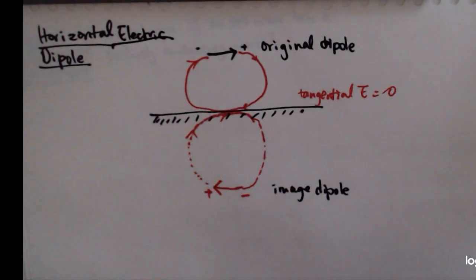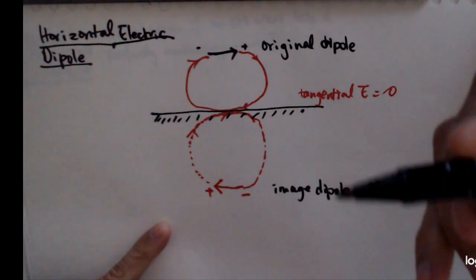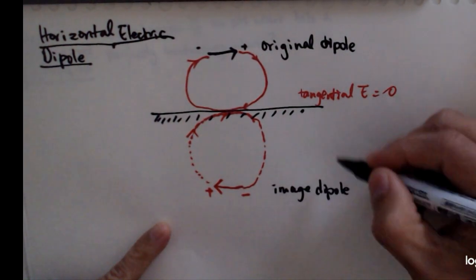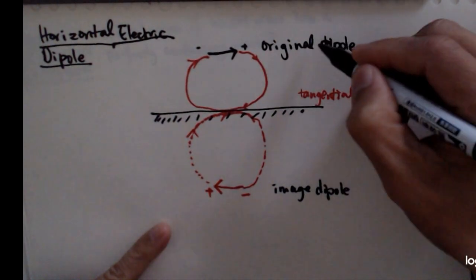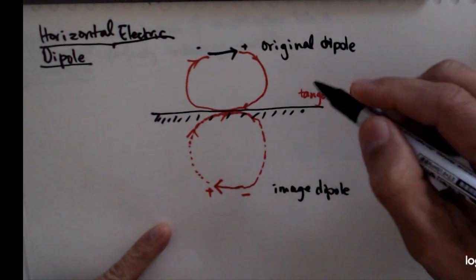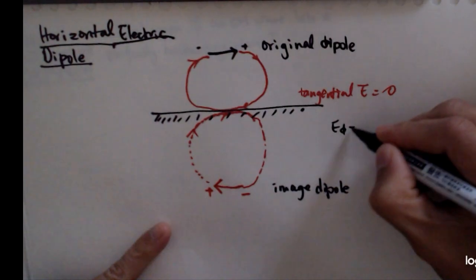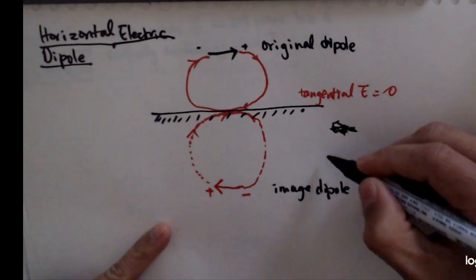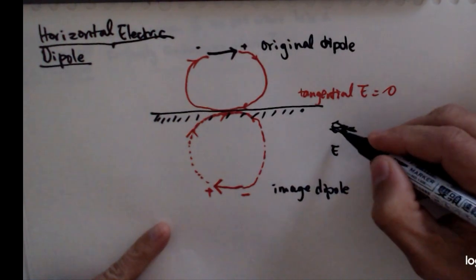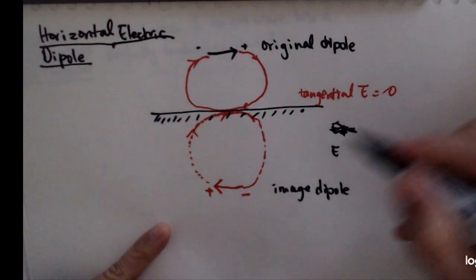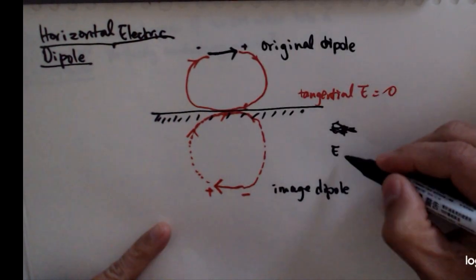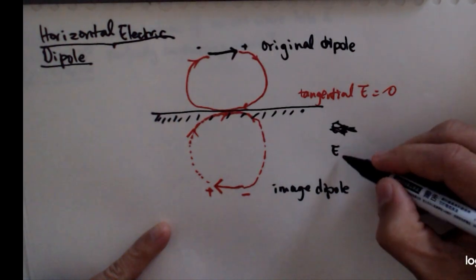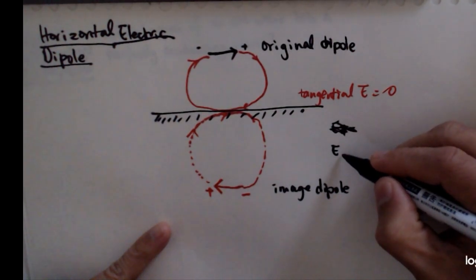Okay? And remember, the current is the same. The electric field as produced by the Hertzian dipole antenna will be something like this, but the angle is not going to be theta. The angle might be some other value, maybe psi, for example.